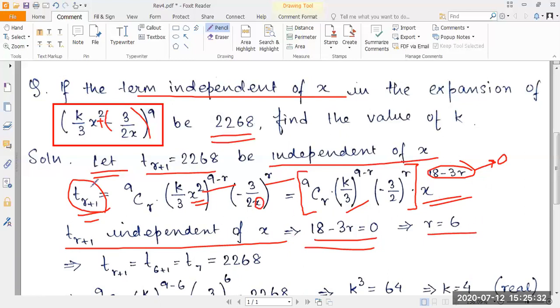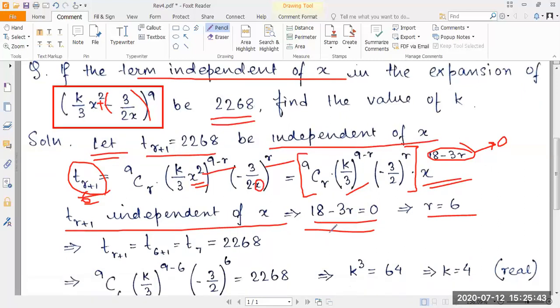So this T r plus 1 is essentially the T7, because if I put r equals 6 in this expression, I get T7. So we have under consideration the 7th term of the expansion, and T7 is 2268.